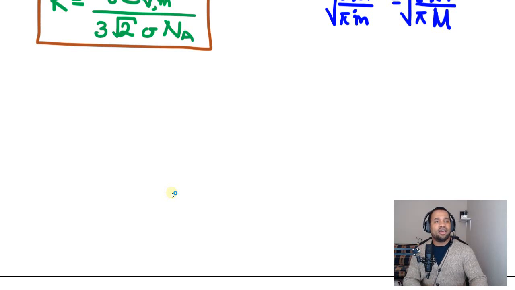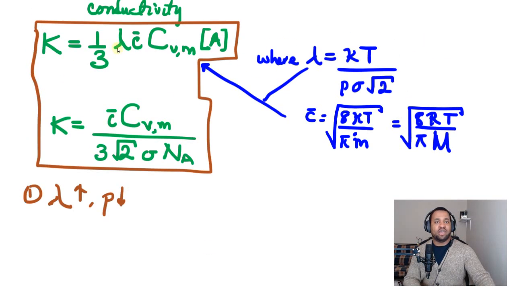First, we note that when the mean free path increases, our pressure decreases, as shown in this relationship between lambda and pressure. This inverse relationship between lambda, the mean free path, and pressure also shows that it is inversely proportional to the concentration of our particles.